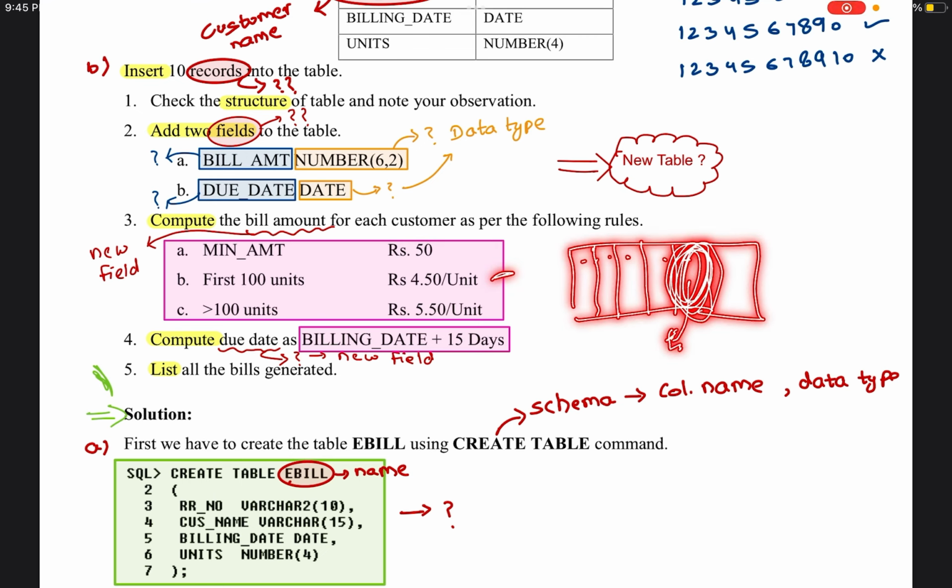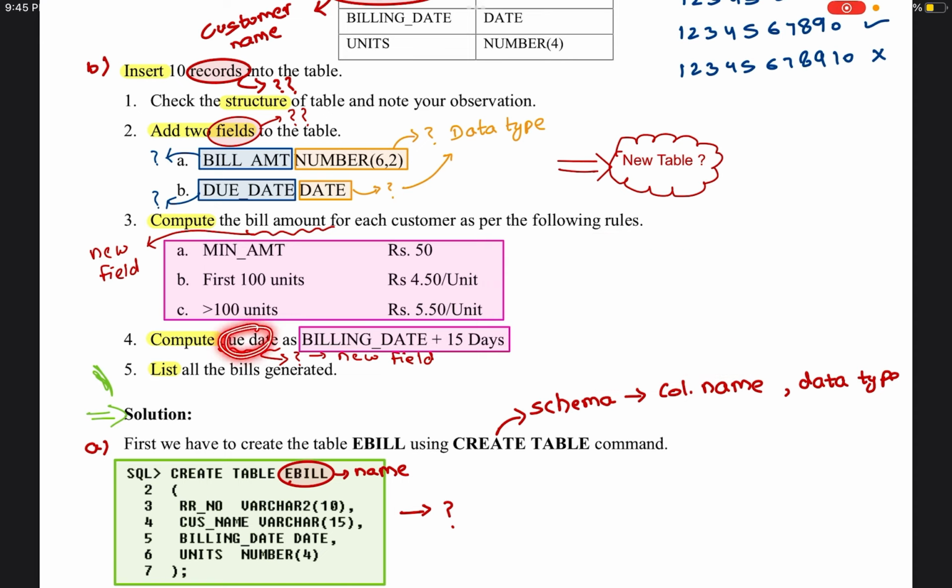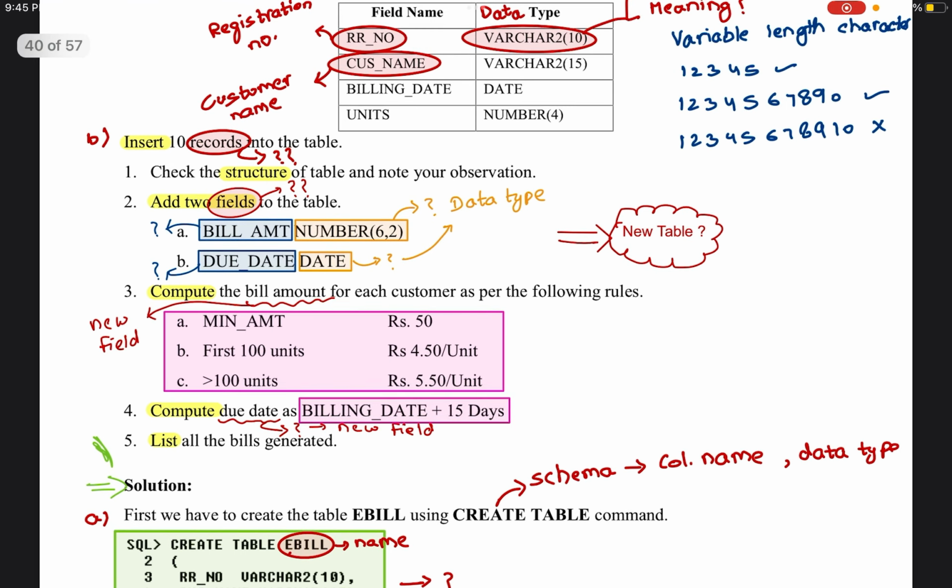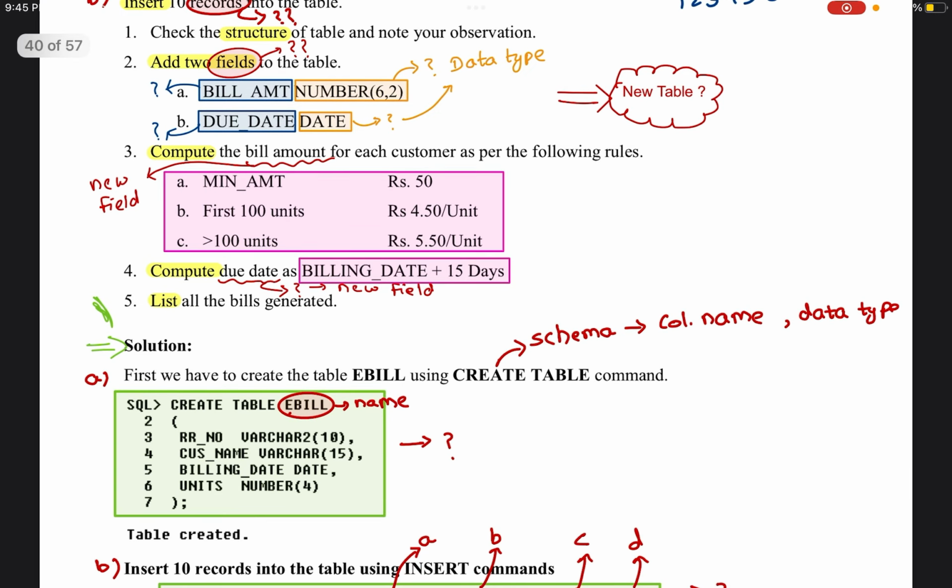Now the sixth, the due date: whatever the billing date is, we will add 15 days and we'll get the due date. So what is due date, what is billing date? These are columns. Just visualize the column and the SQL will be done. It's very easy. Now we have to list all the bills generated.